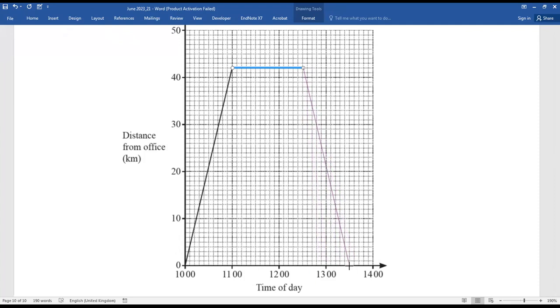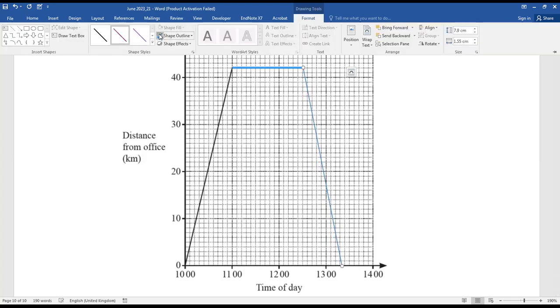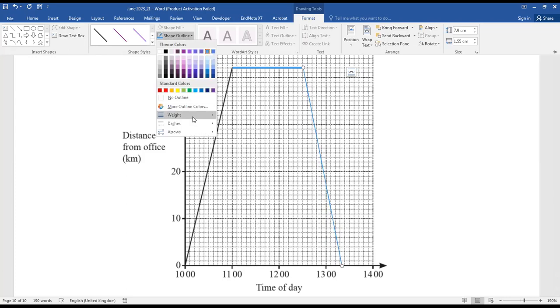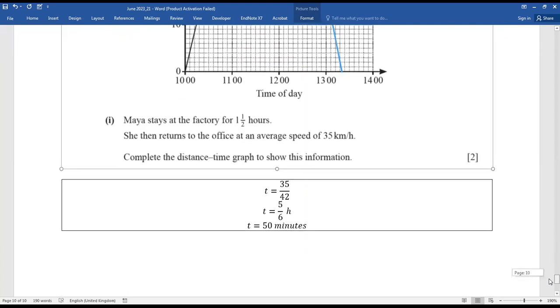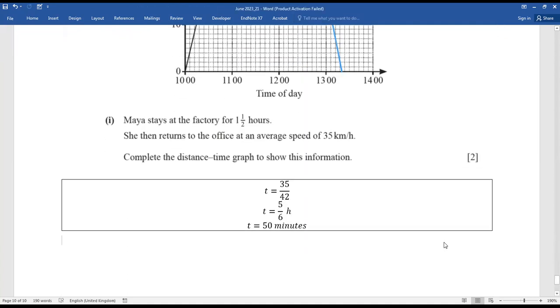So 8 blocks is what I am focusing on: 5, 6, 7, 8, 8.3 somewhere here. So this is how her return journey should look. This is the complete distance time graph.